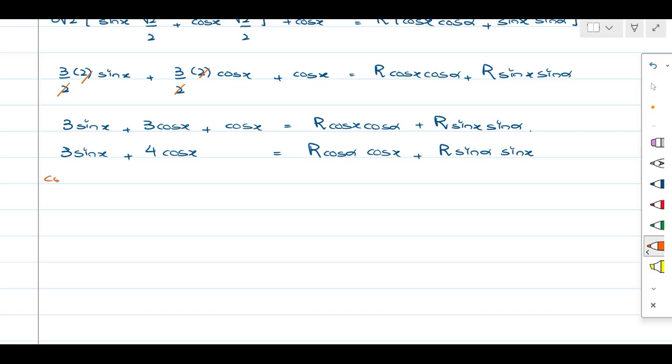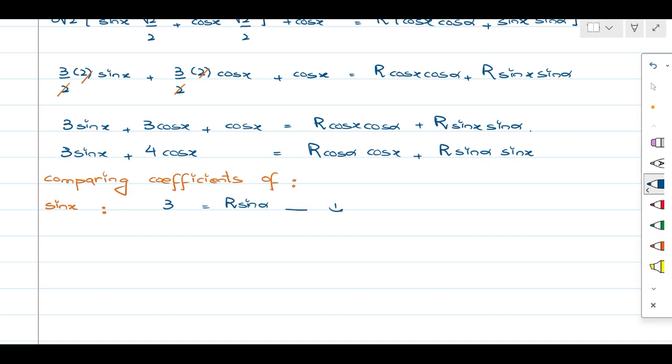So comparing coefficients, the first coefficient I would like to compare is sin x. So when we compare the coefficient of sin x, we have 3 over here, and the coefficient of sin x is r sin alpha.